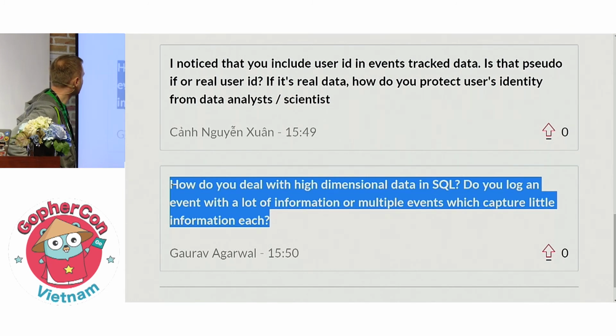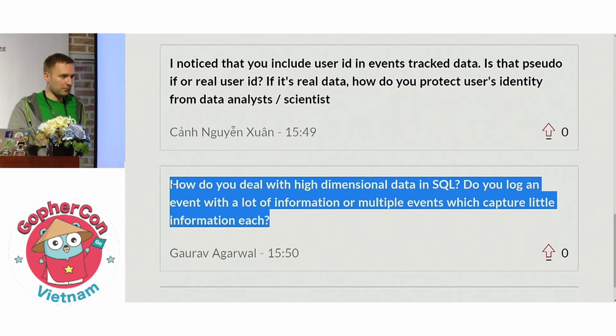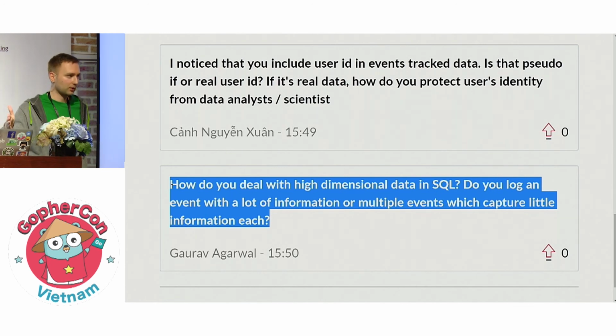How do you deal with high-dimensional data in SQL? Great. So two questions here actually. As I mentioned, we actually have a high-dimensional single event, and when it makes sense, we also unroll them in separate events, right? But typically, we want to include an actionable event with all the information it needs. Things like city and location and whatever you want, right?